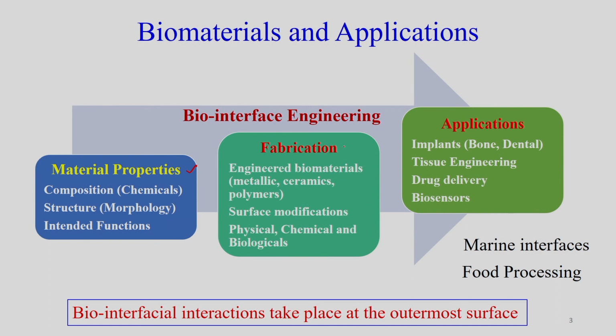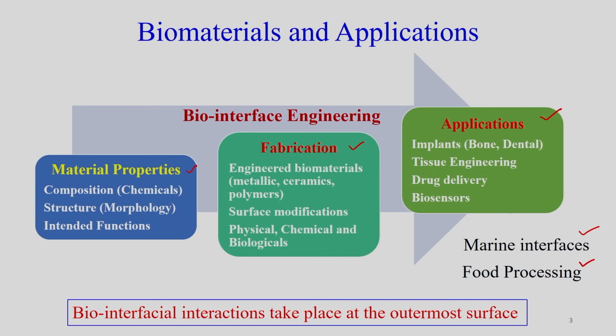Then we also go for different fabrication techniques, and then the different intended applications, including implant biomaterials for tissue engineering, scaffolds, drug delivery and biosensors. Apart from the biomedical applications, in the marine interface we see biointerfacial interactions, and in food processing we see biointerfacial interactions.